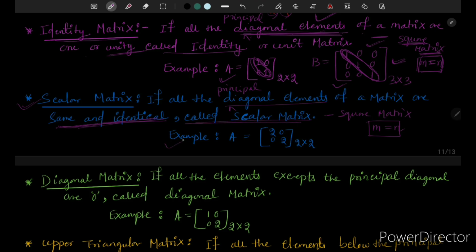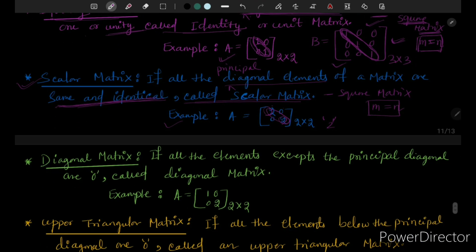So here you can see that A is a matrix which has the elements 2 0 0 2, and these are the principal diagonal elements, these are 2. So here this element equals this element, so this is called a scalar matrix.